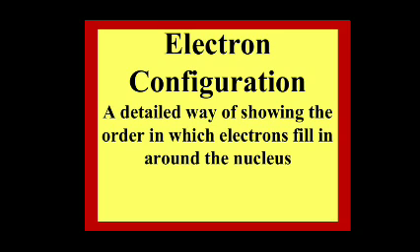What is electronic configuration? Electronic configuration, or electron configuration, is a detailed way of showing the order in which electrons fill in around the nucleus. The configuration means the distribution or arrangement of electrons.